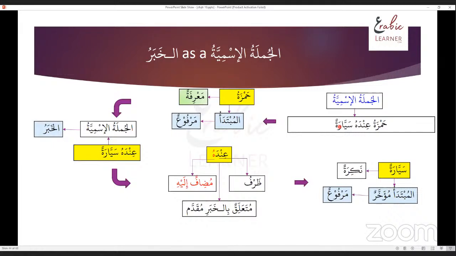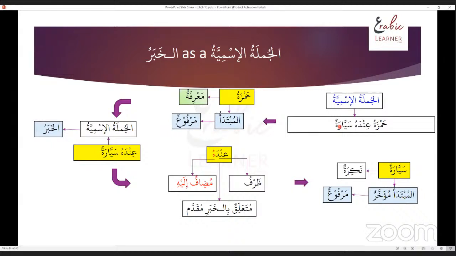So at the end, what is the meaning of mubtada and khabar? Mubtada means the subject of the talk, and khabar means the news, the information about the subject. So here the subject of the talk is Hamza. What is the news or information about Hamza? He has a car.